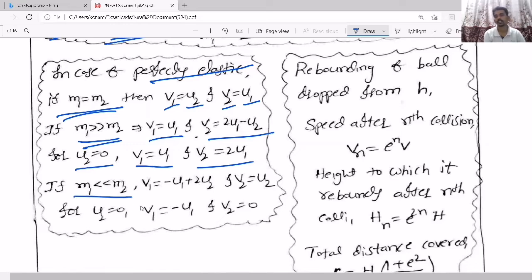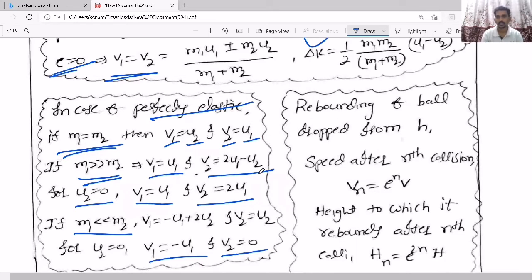And in the reverse case, m1 much less than m2, like a ball hitting a wall that remains at rest, V2 is also 0. But the ball will come back with the same velocity, that is V1 equal to minus u1, because it is elastic, the speed will not change. If it is inelastic, then speed will change. But here we are considering elastic collision, that's why the ball will rebound with the same speed but in the opposite direction.